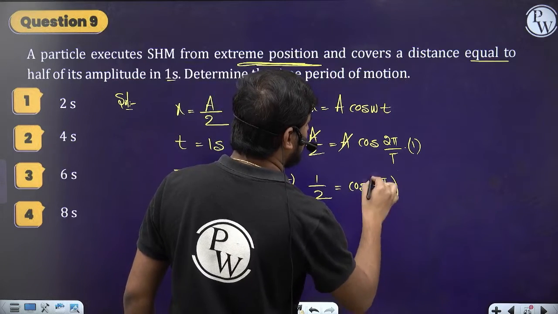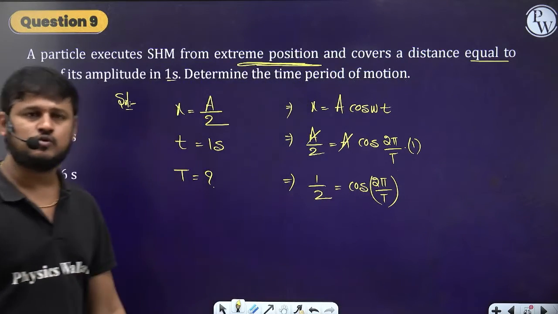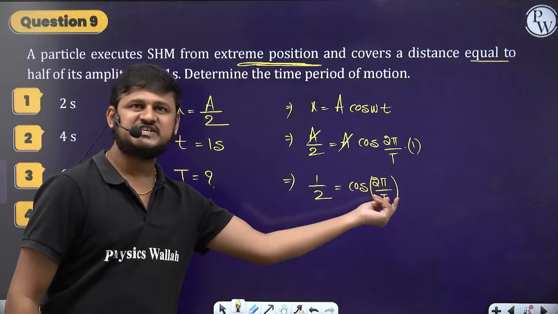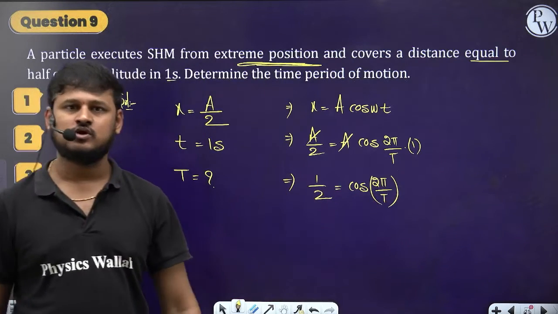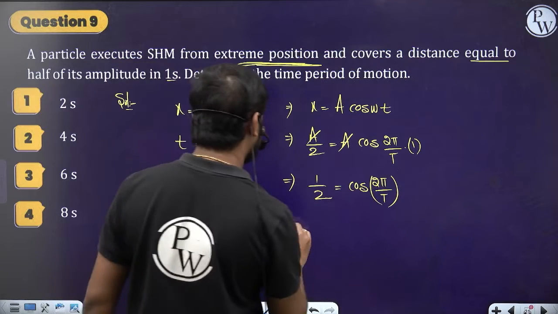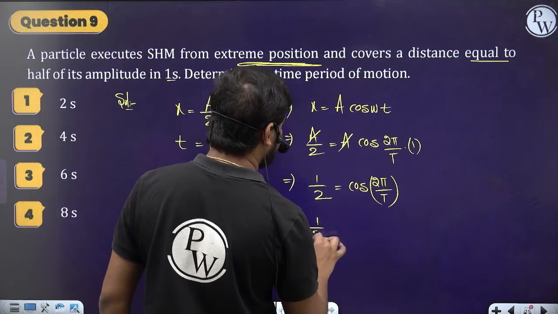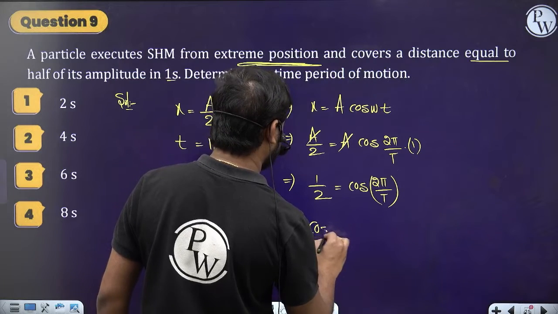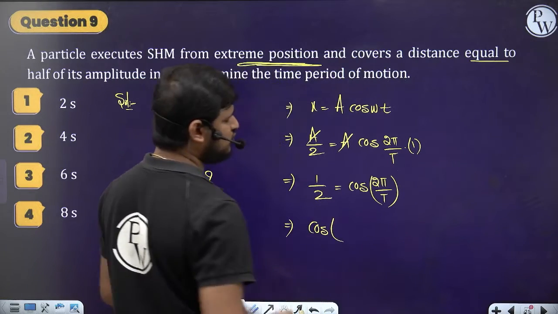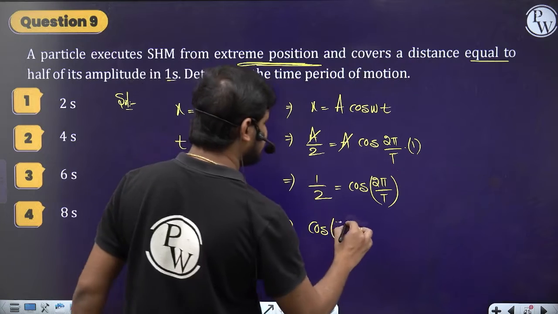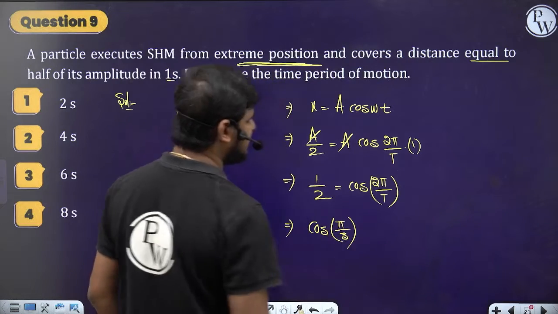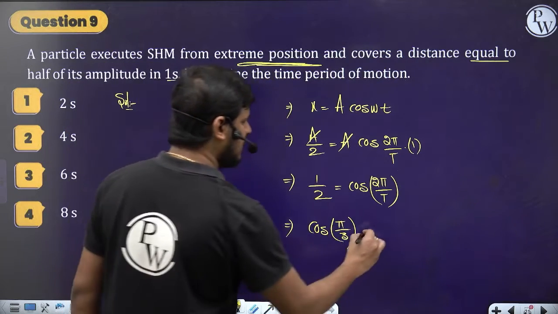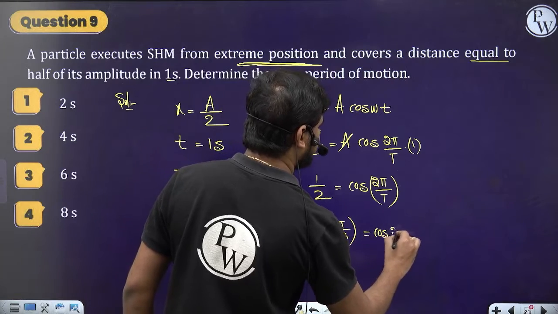So cos of which angle is equal to 1/2? Cos 60, right? So 1/2 means cos 60. 60 degrees we always write in radians. Cos π/3 is equal to cos 2π/T.